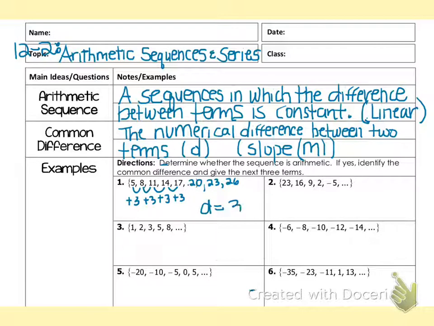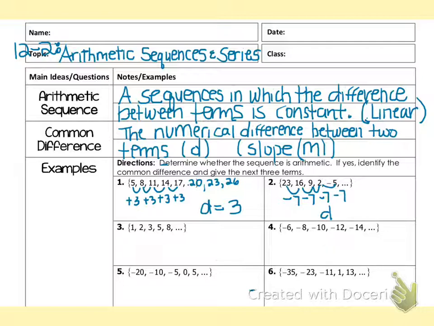On the next one, I can see from the first two terms that it must be going down. So it's going down by 7. Then from 16 to 9, it goes down by 7 again. From 9 to 2, down by 7 again, and from 2 to negative 5, going down by 7 again. So this one is arithmetic.